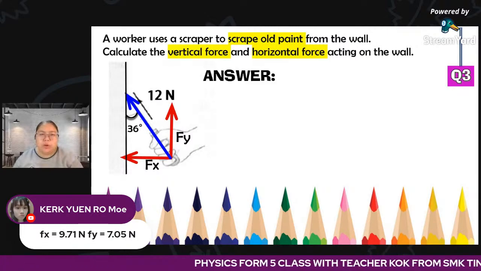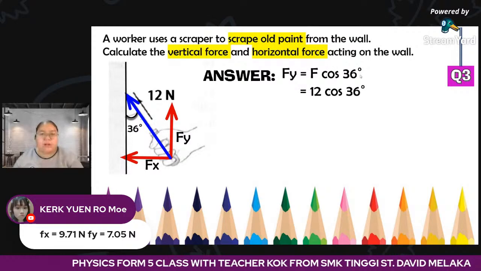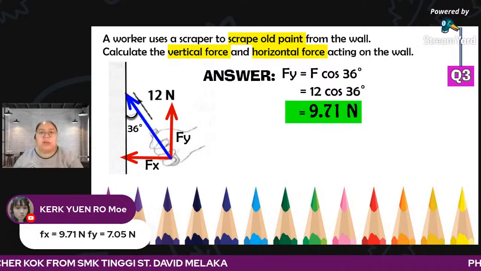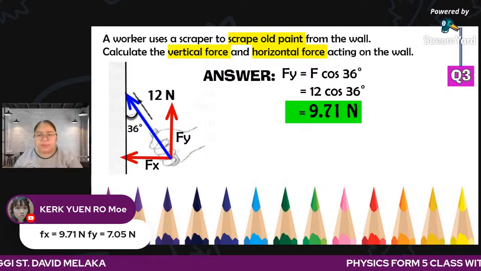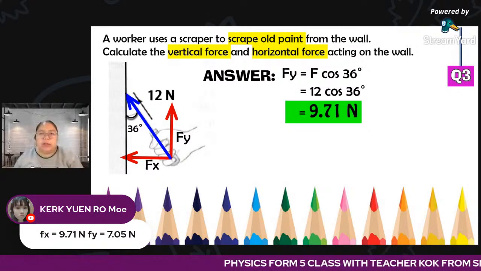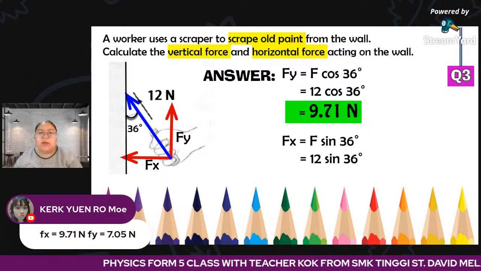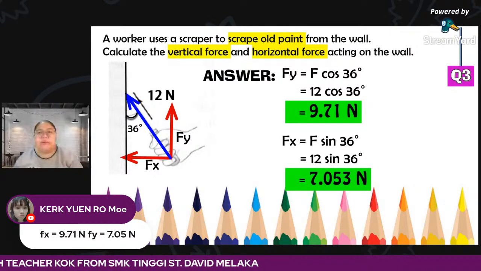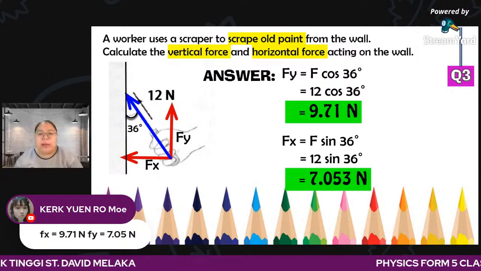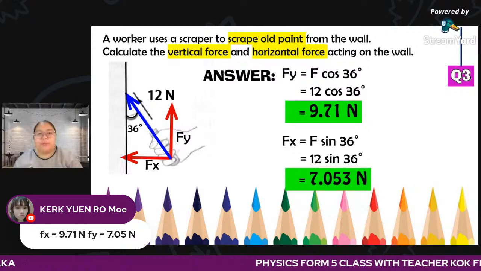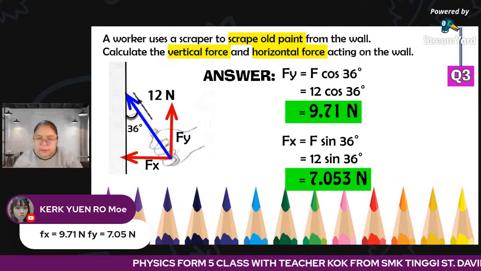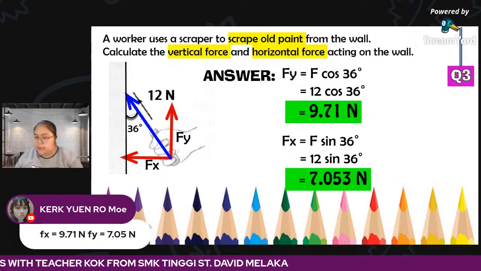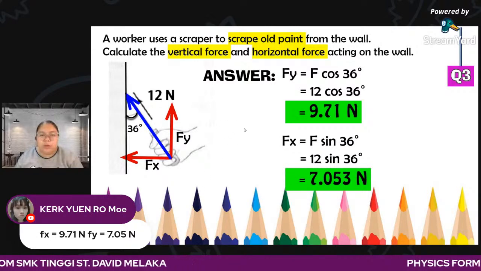Fy is F cos 36, so 12 cos 36. The answer is 9.71. Correct, Jessica. How about the Fx? Fx is F sine 36, so the answer is 7.053. Many of you reversed Fx and Fy. So this should be the correct answer. Don't argue, this is a mistake only. So from here we go through another one.